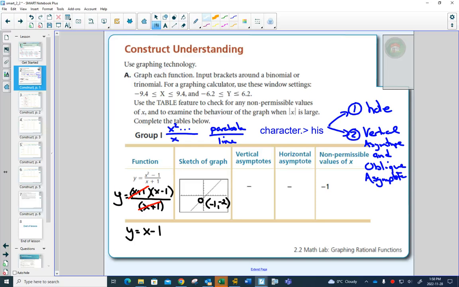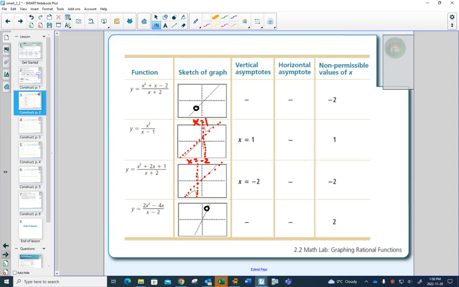So let's look at the other ones that had holes. Second one had a hole. Could we factor it? It factors to x plus 2, x minus 1. And then your x plus 2's cancel out. And you're just left with x minus 1.